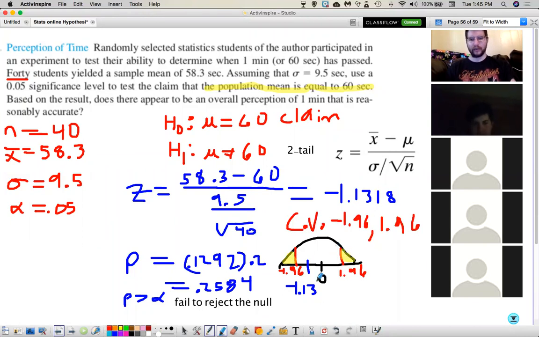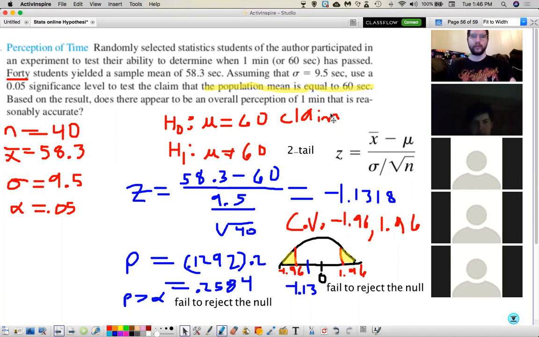And I can see that, again, we're going to fail to reject the null because our test statistic is not in the rejection region. So the traditional method also tells me to fail to reject the null. You only do one of these 2 things. Whichever you choose is perfectly fine. Know how to do both because you'll have to do both. But for the majority of the problems, you can choose.